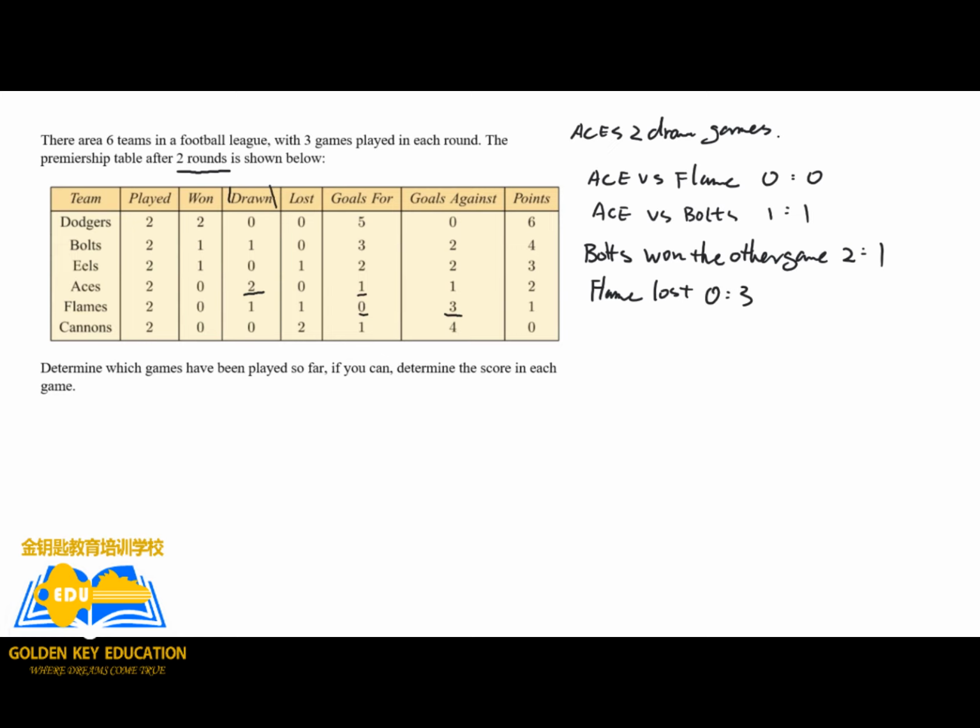Well, therefore, who actually beats Flames? It must have at least 3 goals to allow this to happen. Obviously, it's not going to be Bulls. The only other team that has enough number of goals here must be Dodgers.